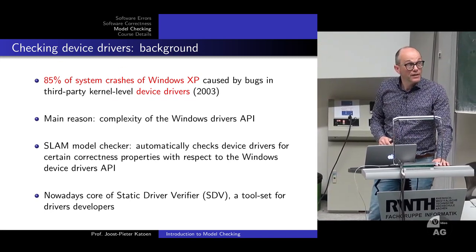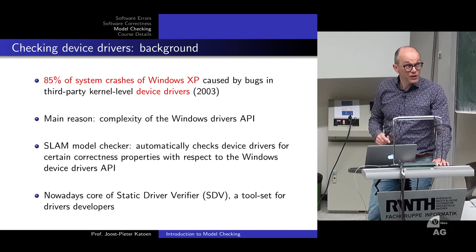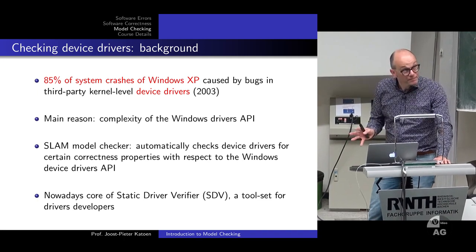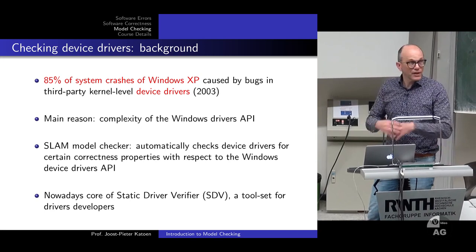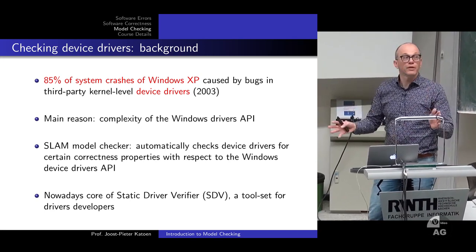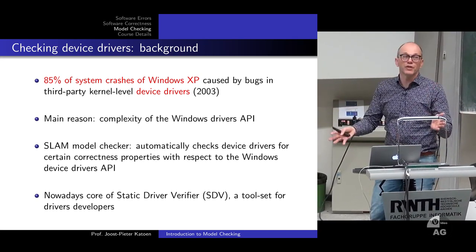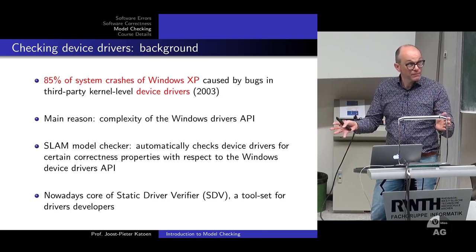So this was a big warning, and from that point on, Microsoft decided we are going to make a big project, and a big project in terms of Microsoft means really big. I don't know exactly the size of the team, but they hired several people, and the aim of that group was to build a model checker to find these bugs, period.